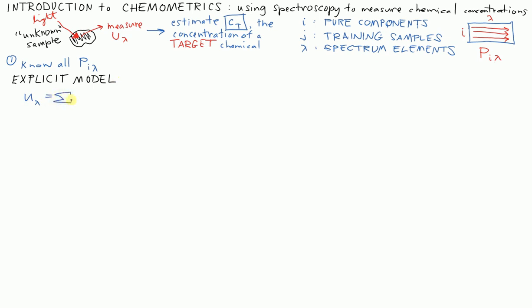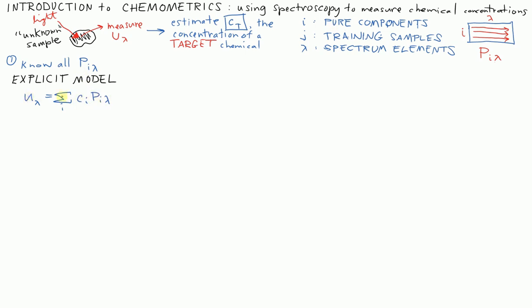So I'm going to sum over index I, sum over all the pure components, and there's going to be a concentration, C sub I. Each pure component has a concentration, and what I'm weighting is each component's spectrum. So I'm just adding together, this reminds you of stuff you would have done earlier in the course where you modeled the tissue's absorption spectrum using the absorption spectra of oxy and deoxyhemoglobin. You had weighted concentrations of oxy and deoxyhemoglobin, same linear algebra here.